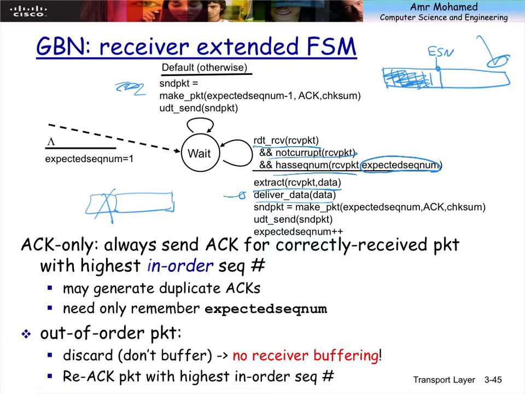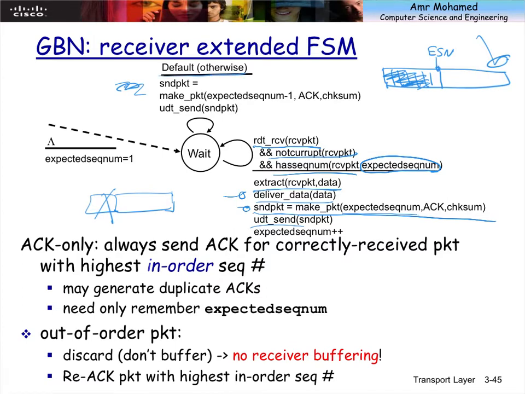And we send it only if it's in order. So we'll see for the case of selective repeat when we call this function. And then of course we send what kind of segment is this, or what kind of signal is this? This is the acknowledgement. So I put the expected sequence number in the acknowledgement and the checksum, and I send it. And then I increment, meaning I slide the window for the receiver. The window here is just one. Okay?